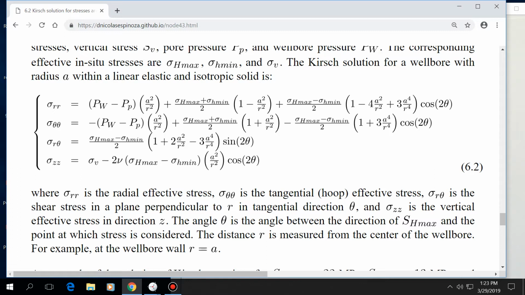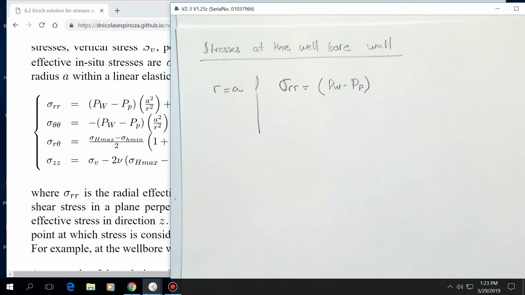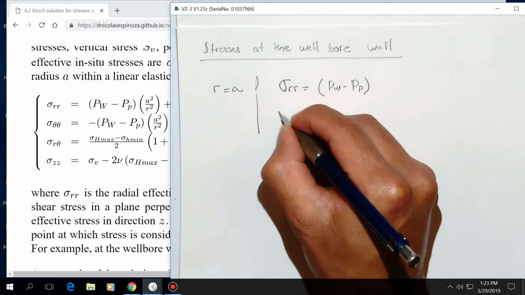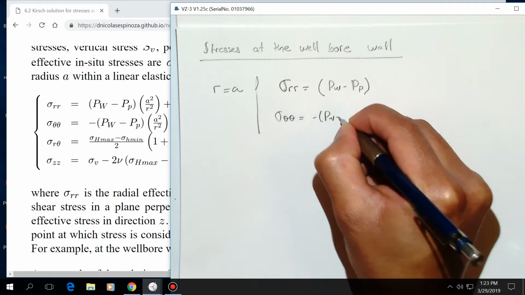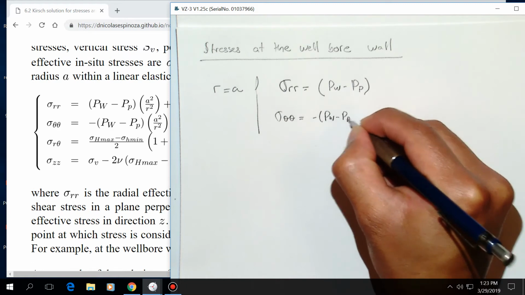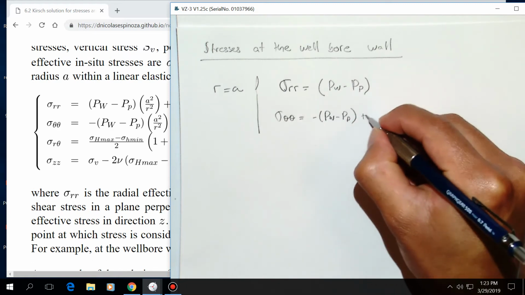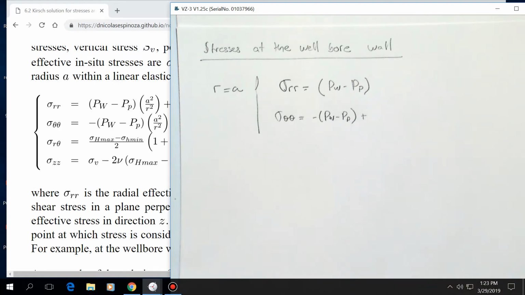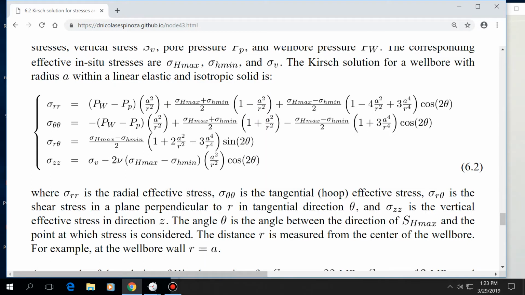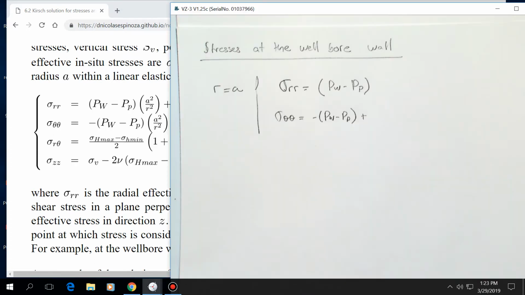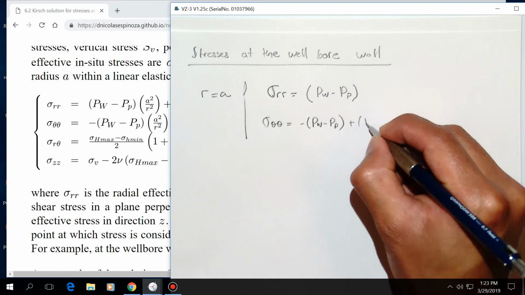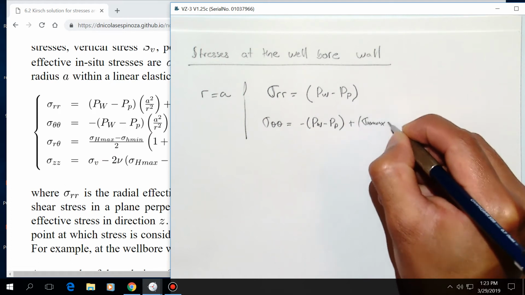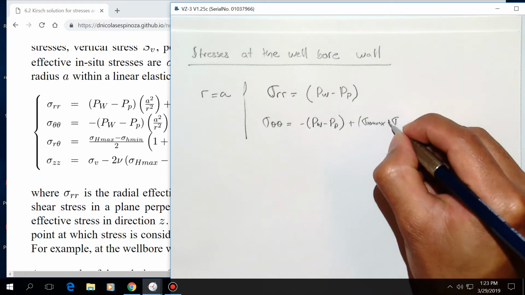Notice the sign here. 2 divided by 2 is just 1, so this is sigma h max plus sigma h min.